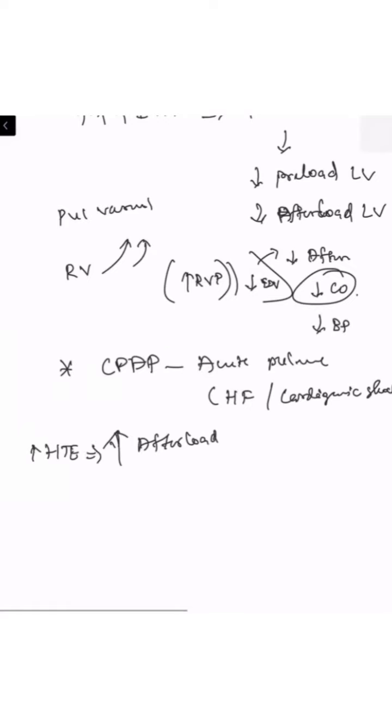The increased afterload is the reason behind the development of acute pulmonary edema or congestive cardiac failure. The PEEP is helpful in decreasing the afterload. So CPAP is the best ventilatory method you can establish in patients with congestive cardiac failure, acute pulmonary edema or cardiogenic shock, because it decreases the preload as well as the afterload.